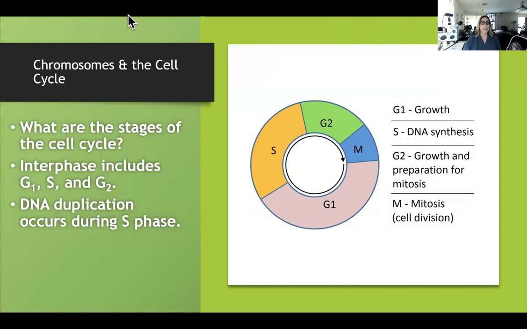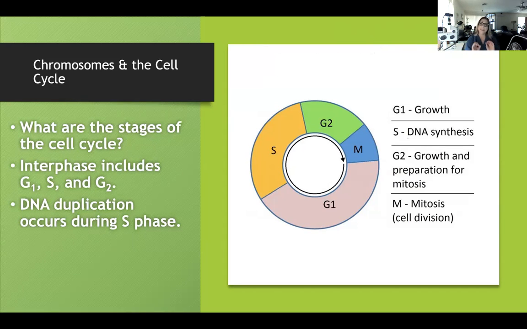So that is the end of this short video. We went over the cell cycle, G1, S, G2, M, but we also went over chromosomes, homologous chromosomes versus sister chromatids. Make sure you understand the difference between these two things. Homologous chromosomes are not identical.